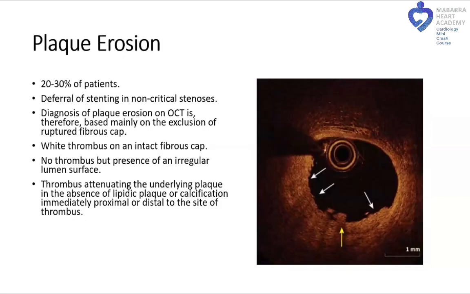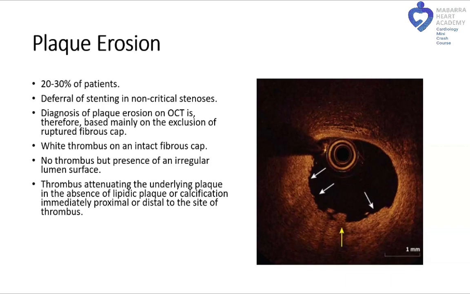What about plaque erosion? Plaque erosion occurs in 20 to 30% of patients presenting with ACS. In plaque erosion, there's no disruption in the vessel architecture, so the vessel appears to be in decent shape. However, you can see white thrombus, or you can see some irregularity in the lumen surface.